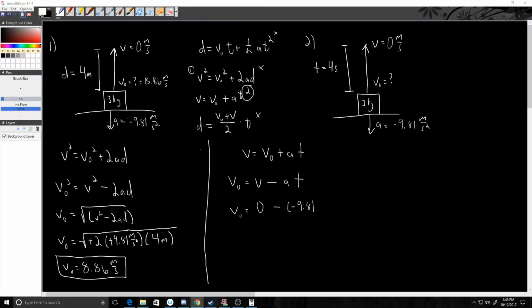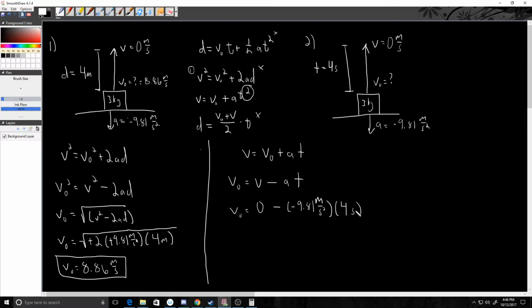Double check that I'm doing this right. Looks like it. You go away, calculator. All right, so 9.81 meters per second squared times time, which we said was 4 seconds.